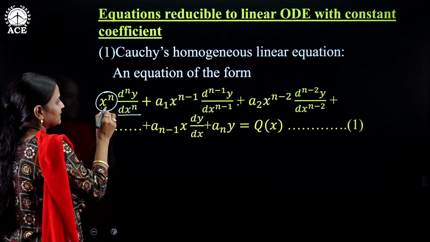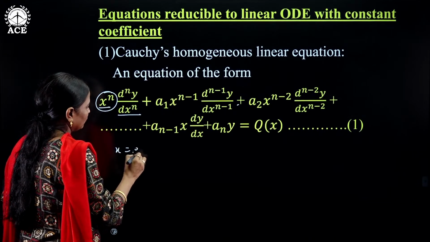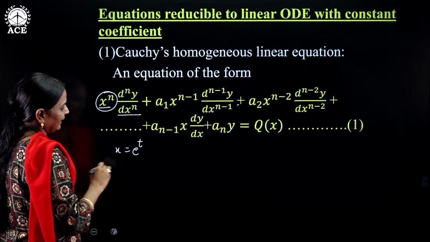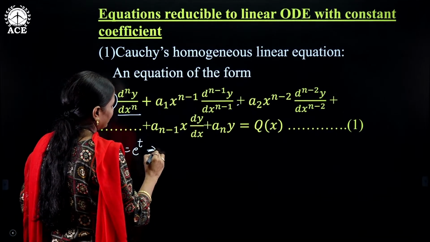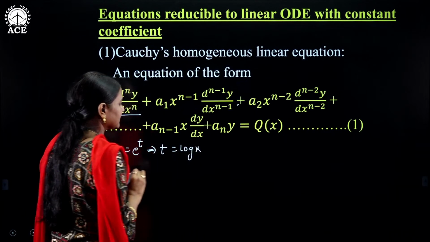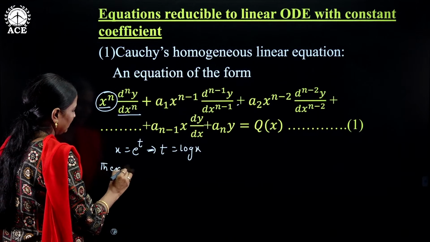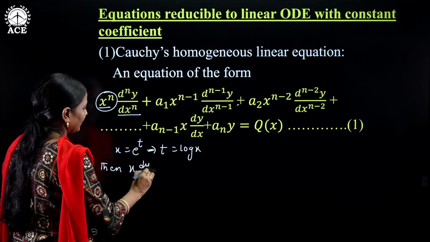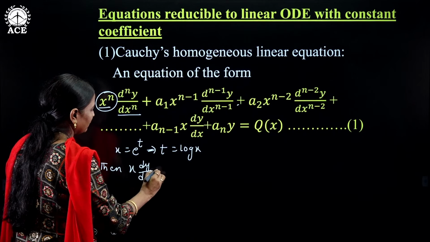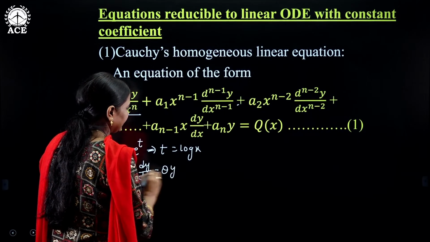Here, change this independent variable. So, by taking x is equal to e power t, from this t is equal to log x. If we change this independent variable, then we get x into dy by dx is equal to, in another operator form, theta y.